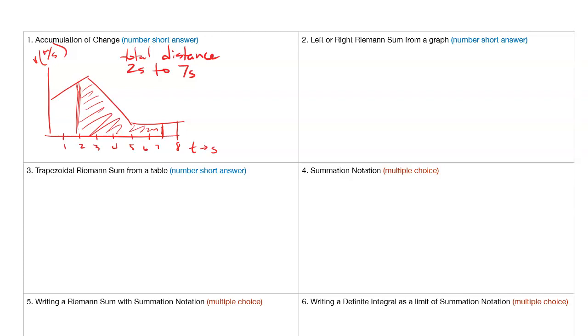Question 2 on the test is a left or a right Riemann sum from a graph. If you remember what Riemann sums are, that's estimating area with rectangles. So you have a parabola or something. I can't remember if you were given the function on the test or if you're supposed to estimate from the numbers.